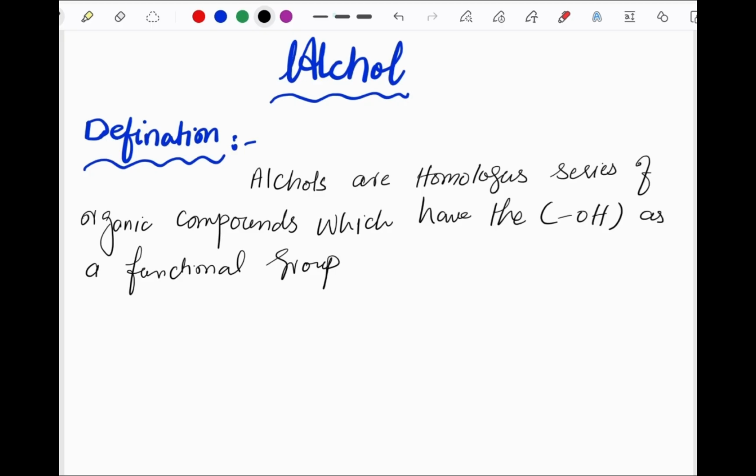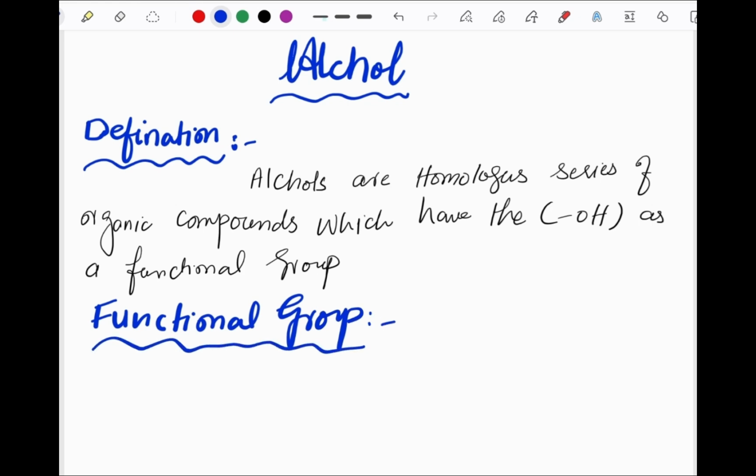So their functional group is OH. This is the recognition of alcohol. Whenever we see the OH group in any organic compound, we will categorize it as alcohol.